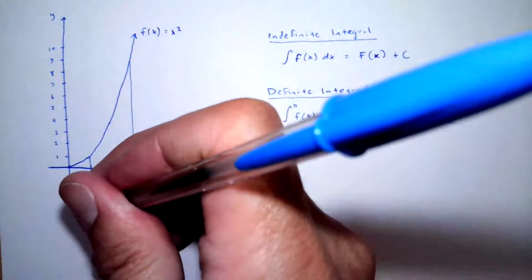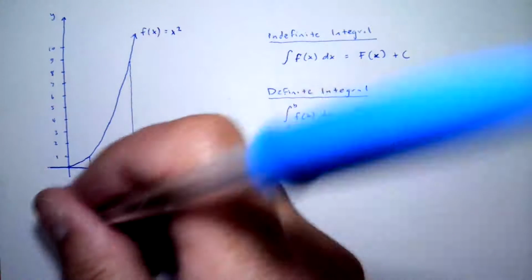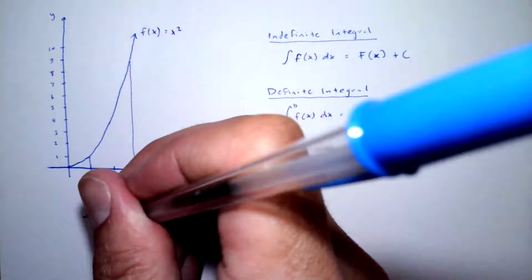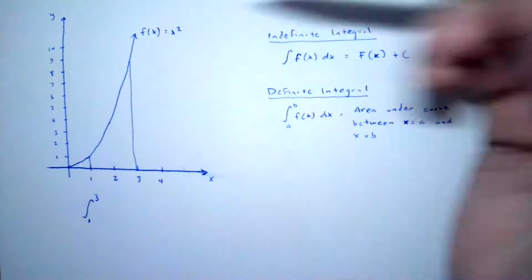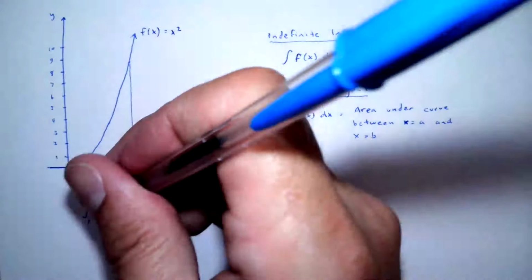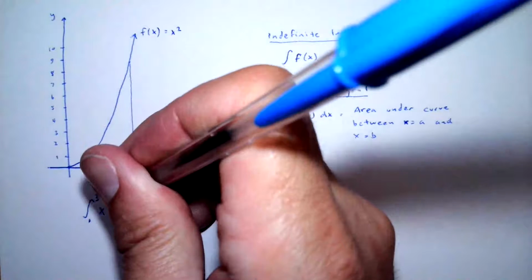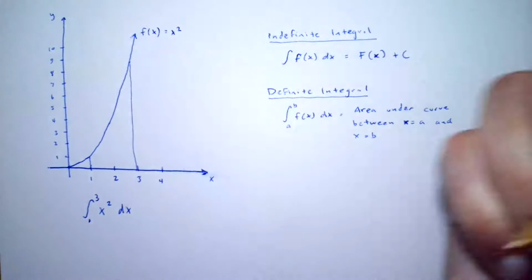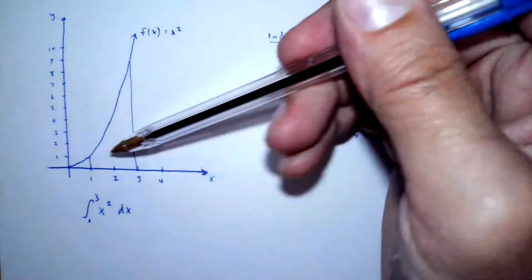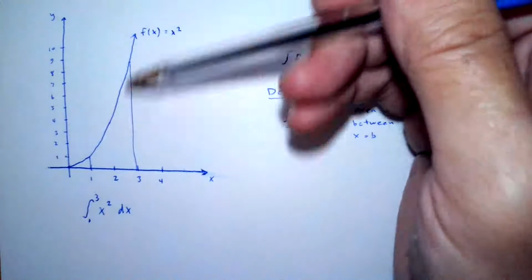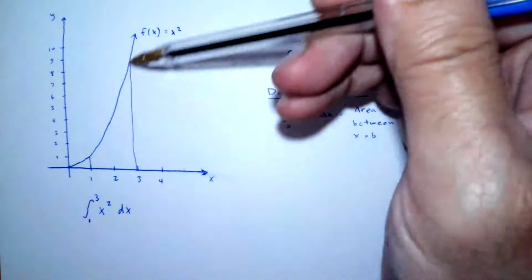This here would be the definite integral from 1 to 3 of my function x squared dx. So this is kind of a tricky area to figure out because we got this curved side here.